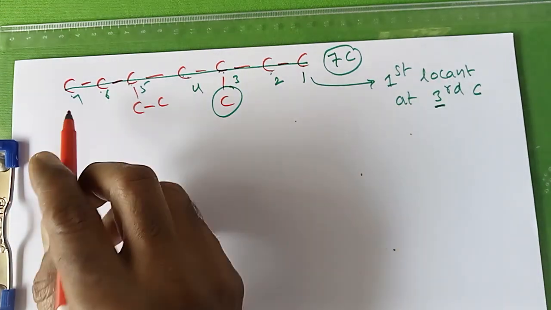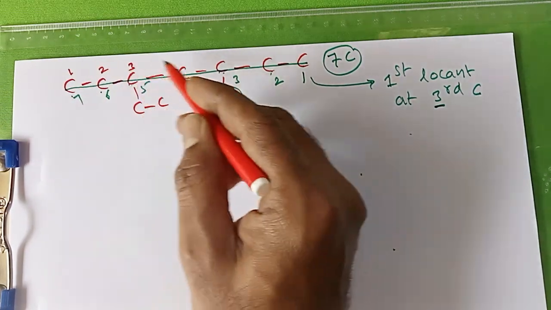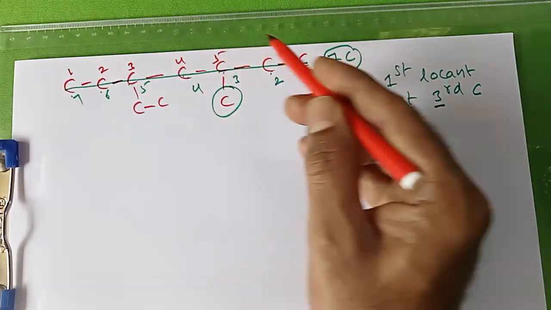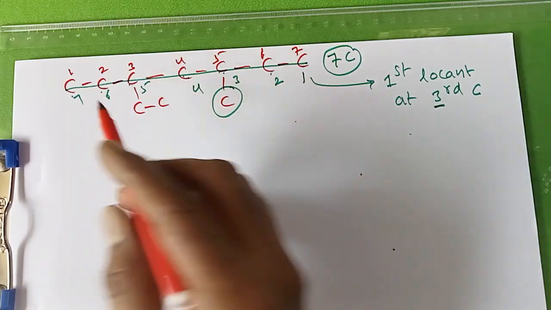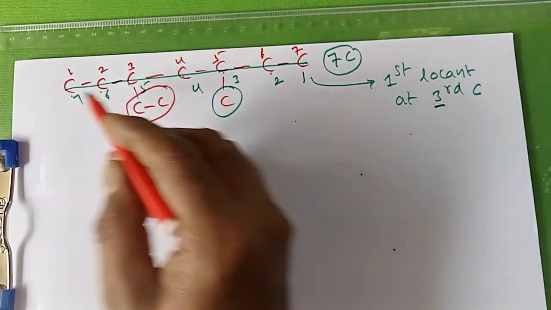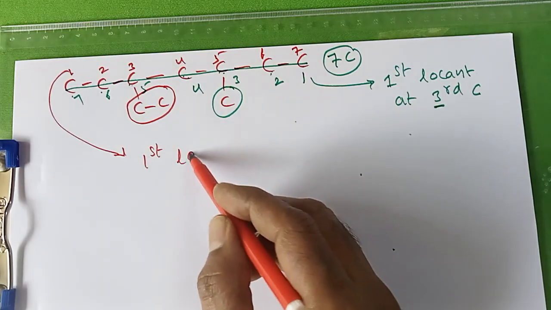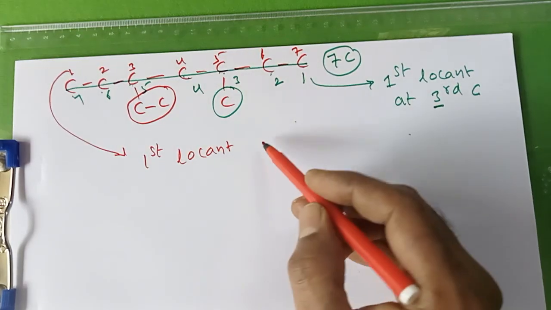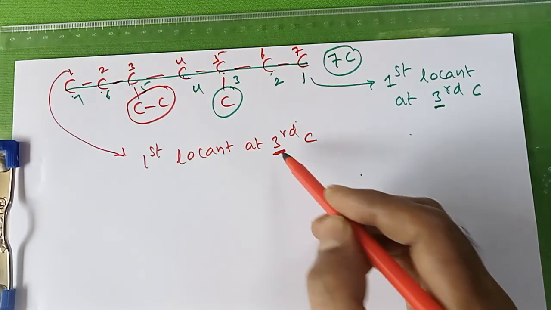Then give numbering from the other side, 1, 2, 3, 4, 5, 6, 7. In this numbering also, the first locant is at the third carbon. 3 underline.